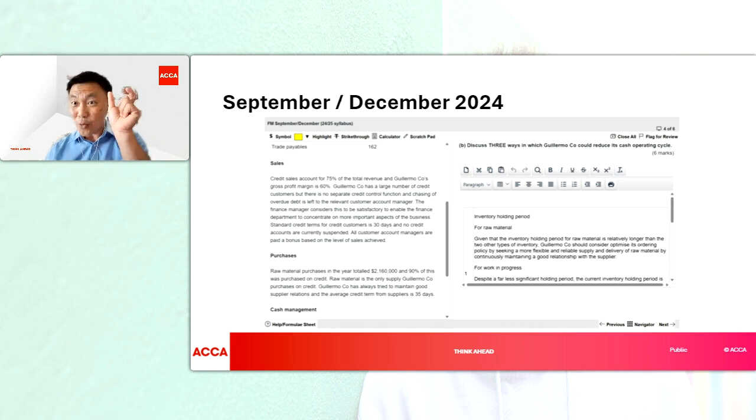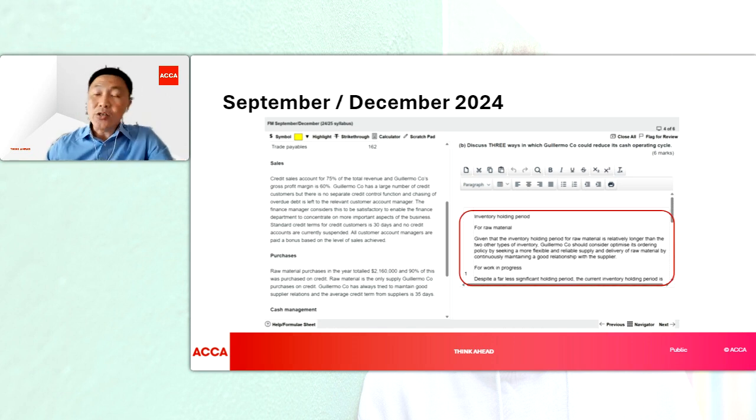Guys, remember, signpost and heading. And my articulation will try to cap into 1 paragraph. And take a look at the content of my articulation. I relate and make use of the scenario. I relate to all the clues given in the background of the storyline. So that will make my answer very specifically relate to G company. Well, that is only for raw material.